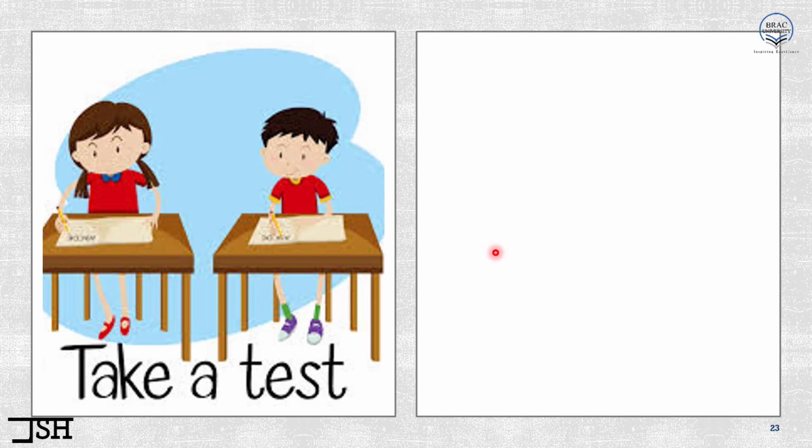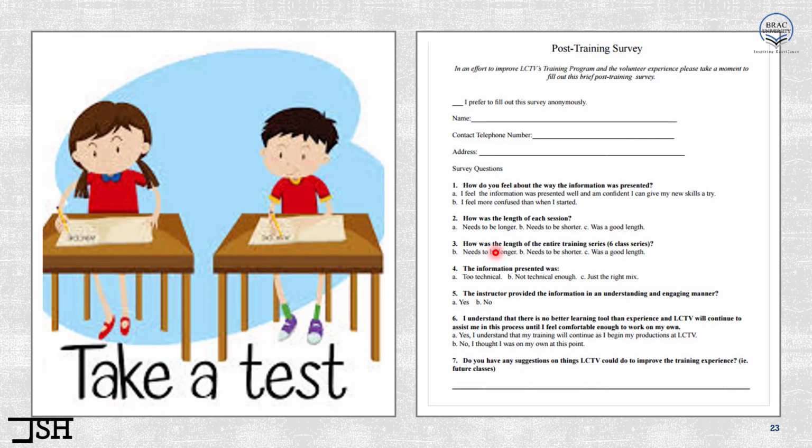Now another kind of evaluation can be through a survey. So a post-training survey. What happens here? After the training program, the trainees or the employees are asked to fill out a survey about the effectiveness of the training program. So in this survey, feedback is taken from the employees or the trainees.